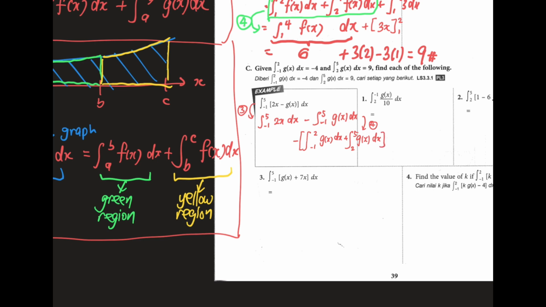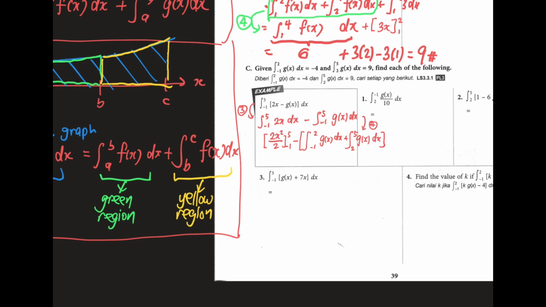For the integration in front, this one, what should we do? Just integrate like usual. Integrate 2x is like 2x to the power of 1. So 2x to the power of 1, you integrate, it becomes 2x to the power of 2 over 2, from negative 1 to 5.